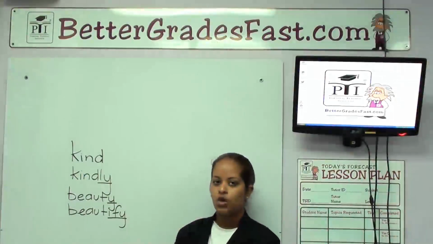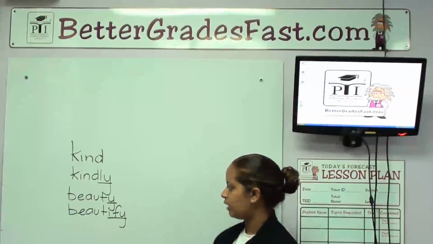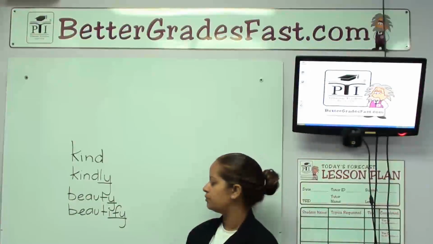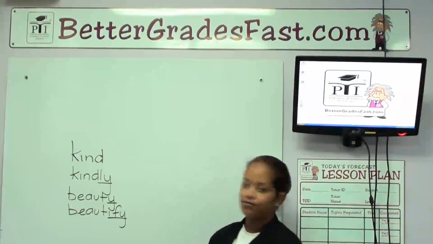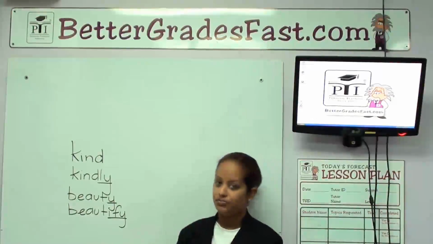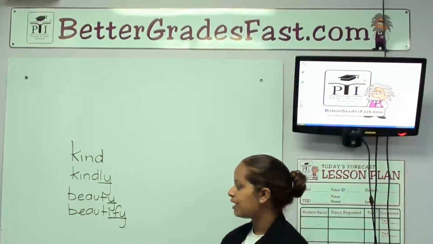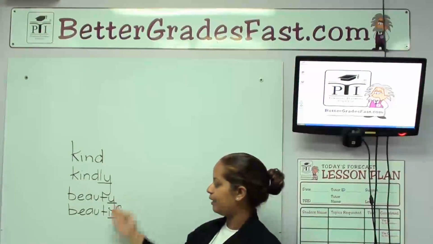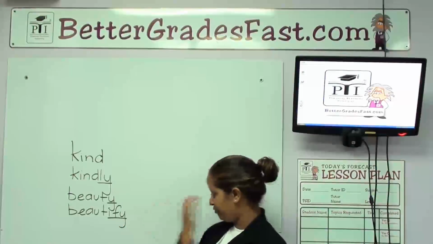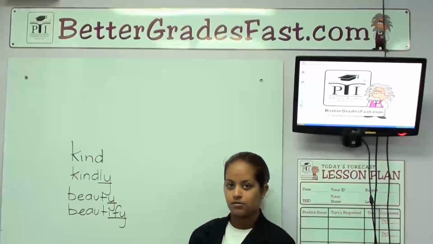Beauty, which is a noun, an abstract noun, by adding fy becomes beautify, which is a verb meaning to make something beautiful. But as you can see, the y has to become i before you can add the suffix.